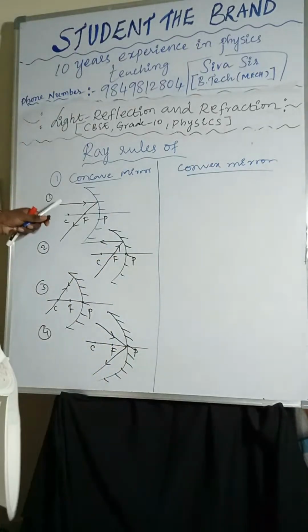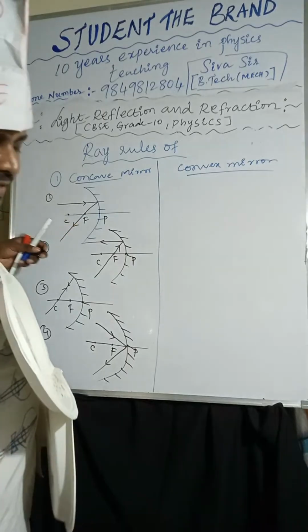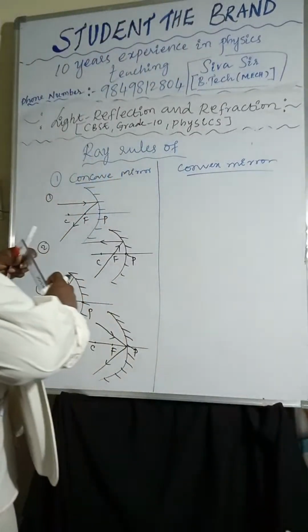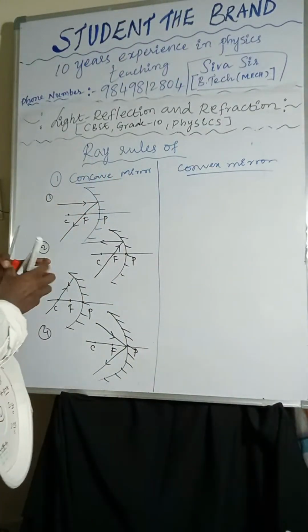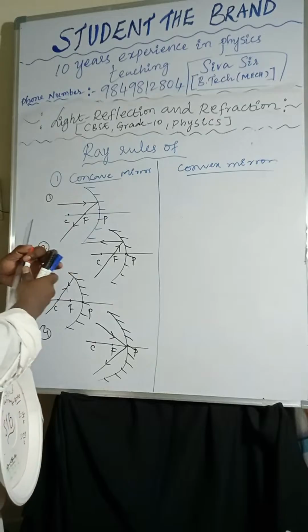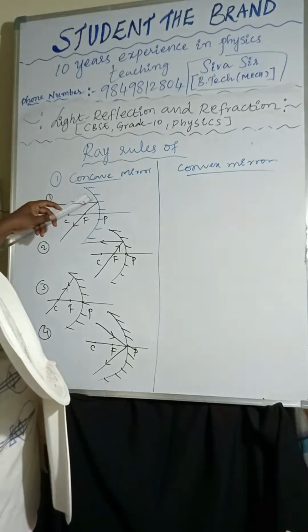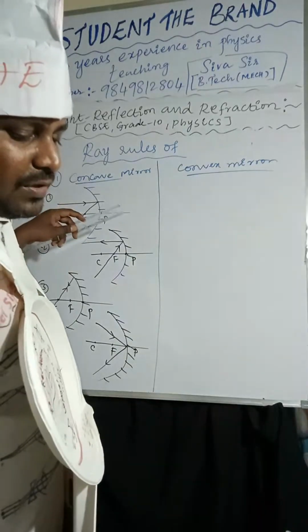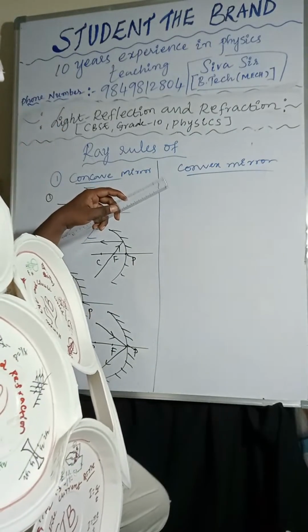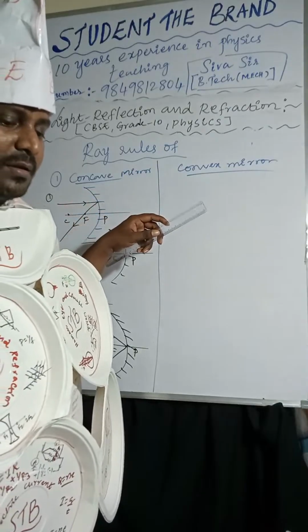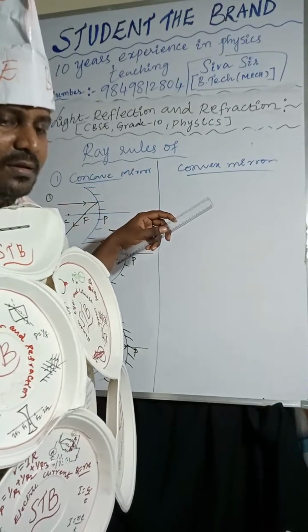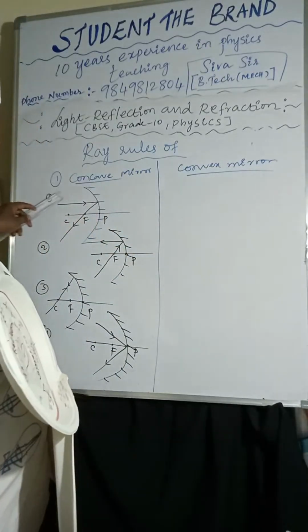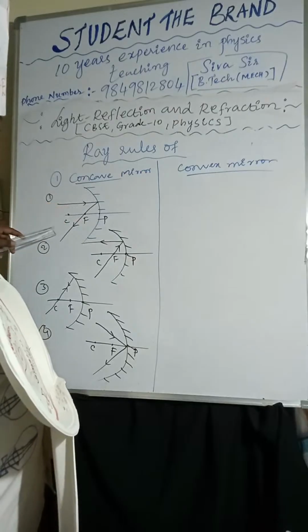First, if the light ray is coming from infinity, after reflection it passes through the focus.